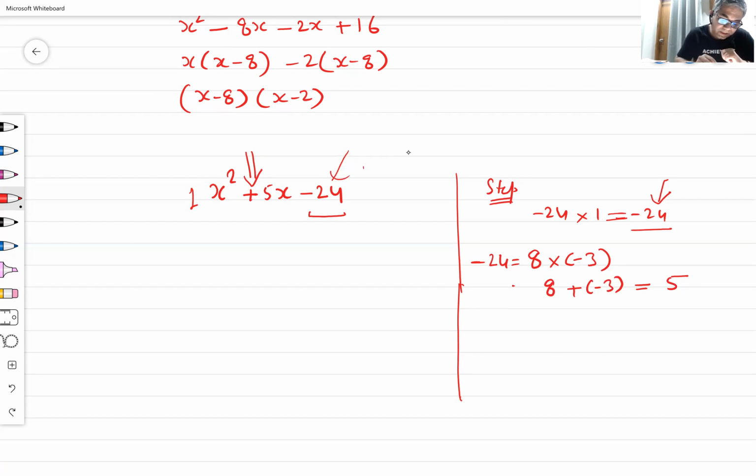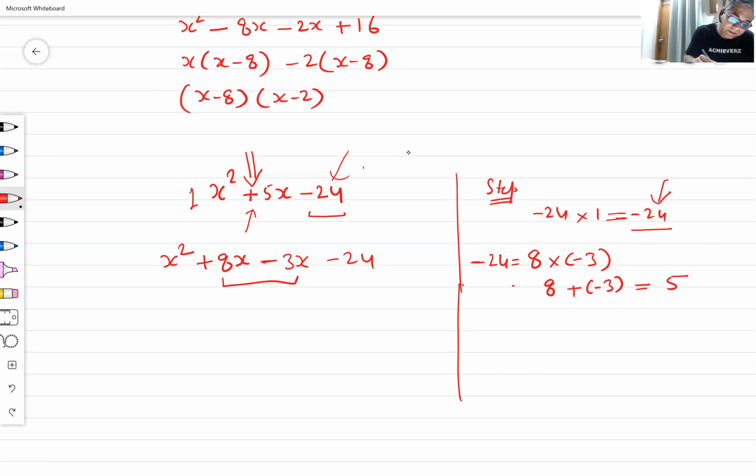You'll have to see what is the sign here. Whatever the sign, you take the larger factor with that sign and the smaller factor with the opposite sign. So now my question becomes x square plus 8x minus 3x and minus 24.